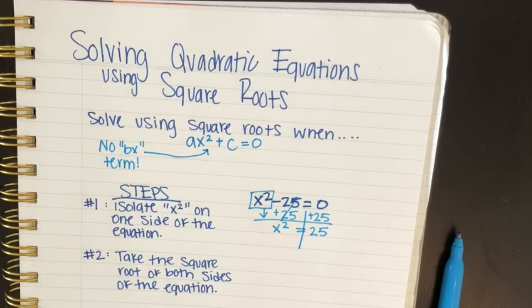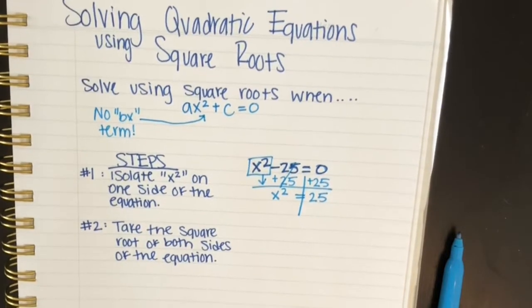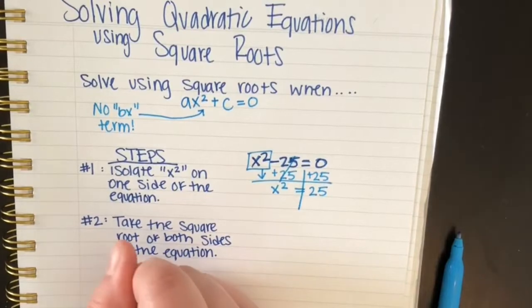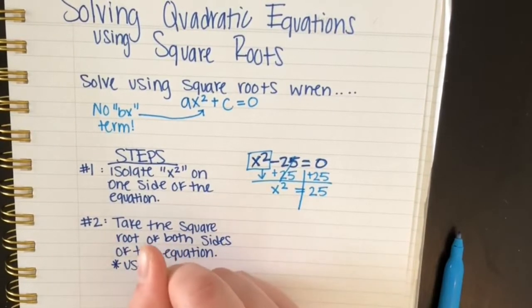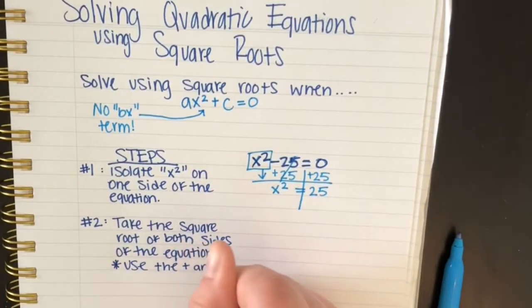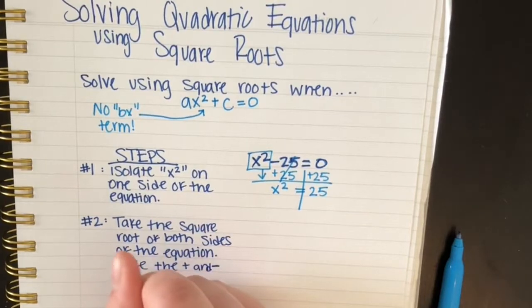So take the square root of both sides of the equation, and we want to use the positive and negative root.